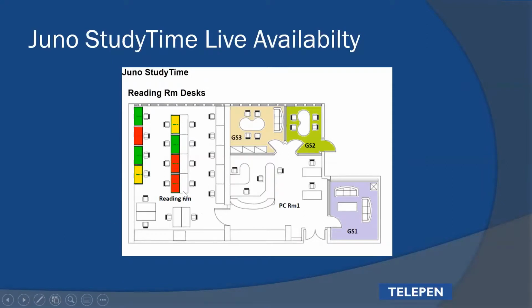Each desk within the system is represented by colour. Green means the desk is available, red means the desk is spoken for. Yellow is where the desk has been booked, but the person hasn't turned up yet, so the yellow ones will turn red or green before long.